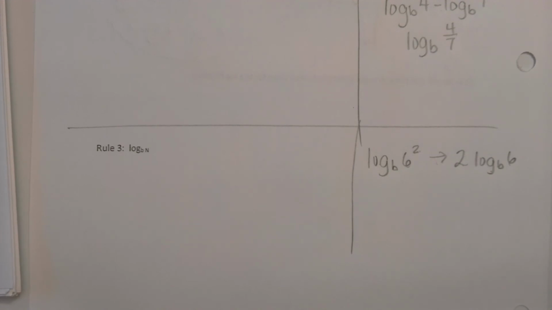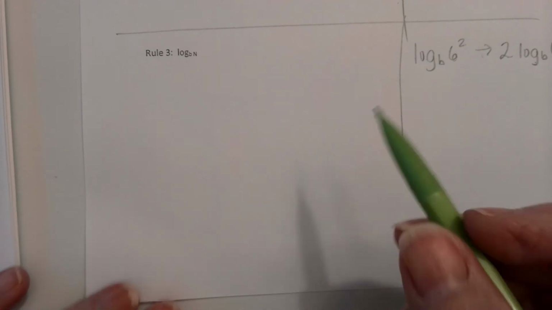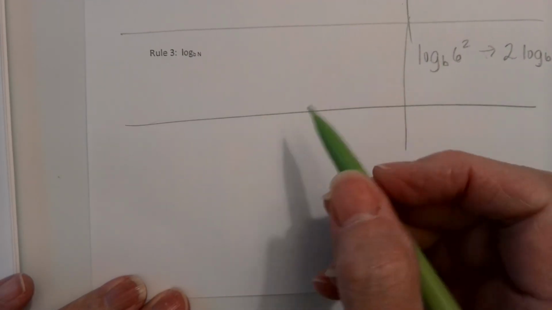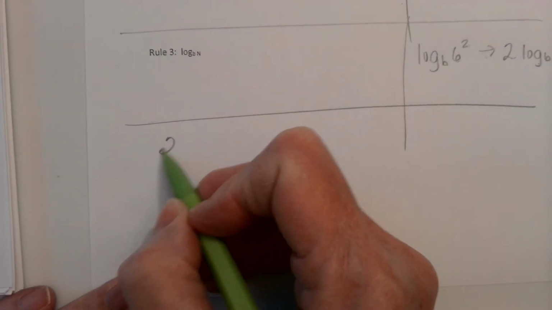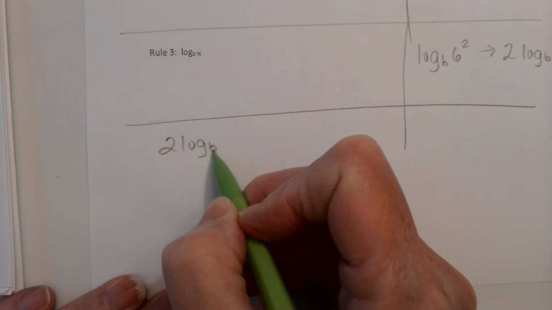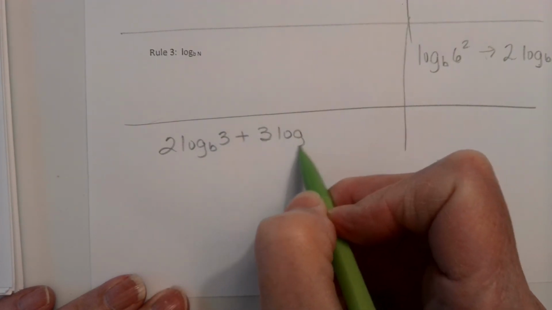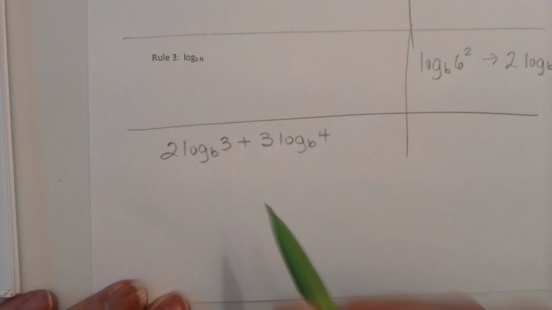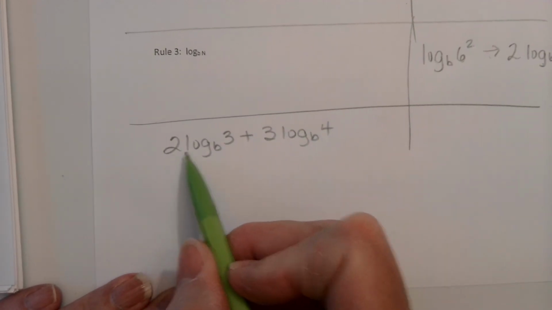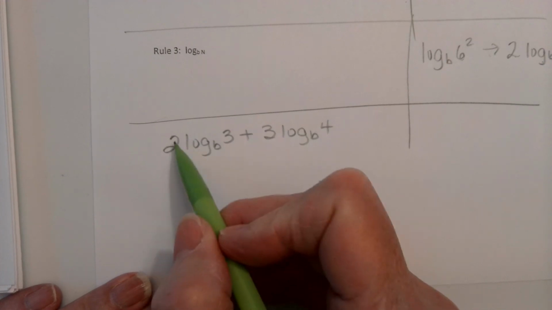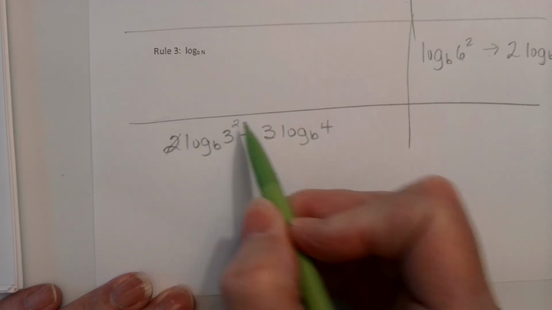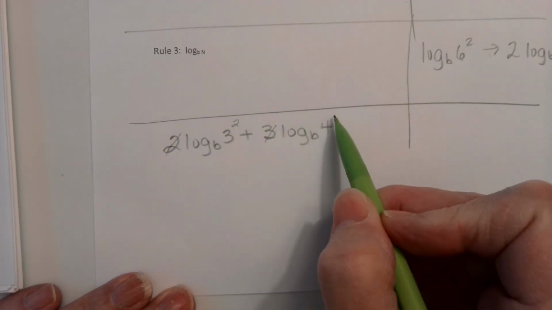You're going to have lots of time to practice these. Let me just show you one that's a combination of things. What if you have 2 times log base b of 3 plus 3 times log base b of 4? This 2 is a multiplier to this log, so I can change that to an exponent, and the same thing here.